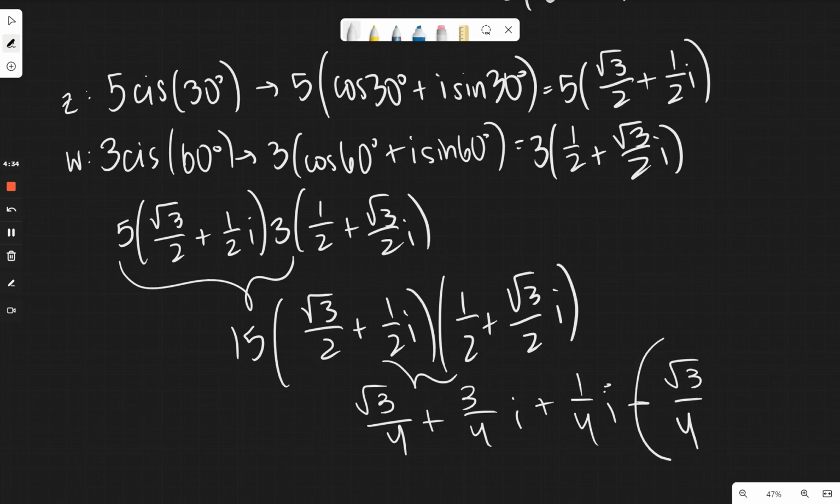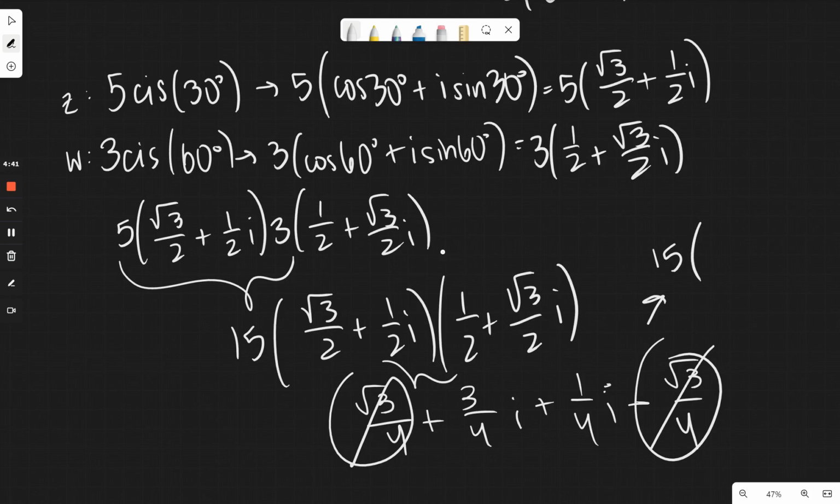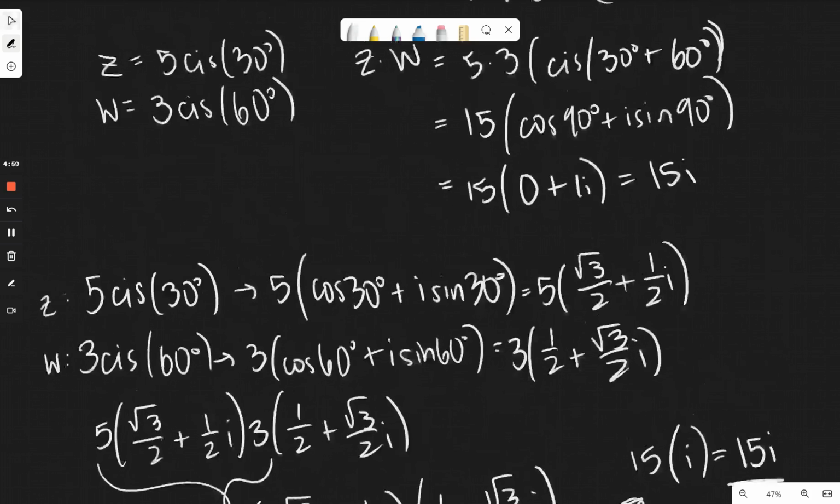So as you can see, these two will cancel out, and we're left with 15 times the sum of these two numbers, which is just i. So our answer does indeed become 15i, which is exactly what we got up there.